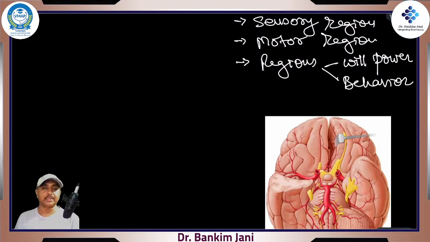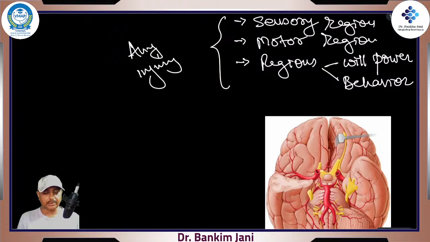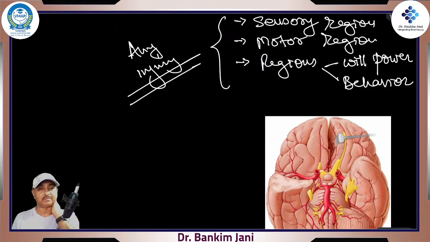It means if anything happens, any injury, you can write very confidently that sensory and motor functions are affected. There would be deficits and there would be personality changes, right? So crucial.